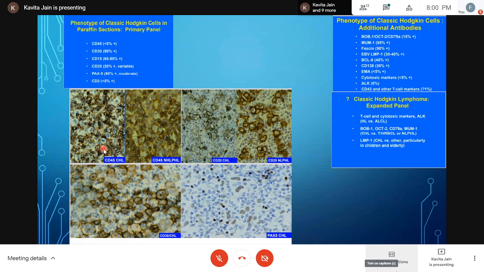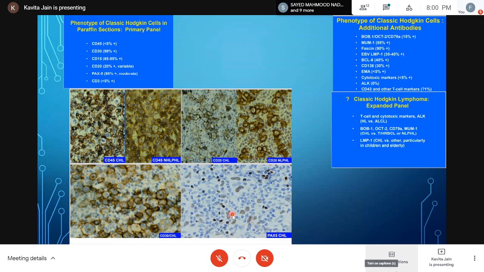But still, with an experienced eye, we can make out CD45 negativity in classical Hodgkin's lymphoma, and it does help when we are stuck somewhere. So CD45 is positive in NLPHL. CD20 shows just a mild aberrant expression in classical Hodgkin's, while it is very strongly prominent in NLPHL. CD30, of course, is positive in classical Hodgkin's.